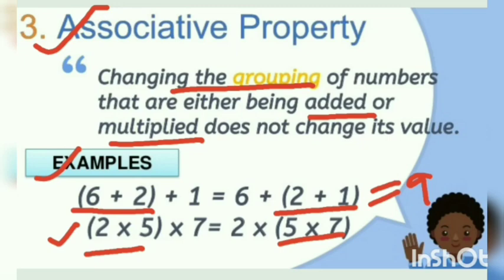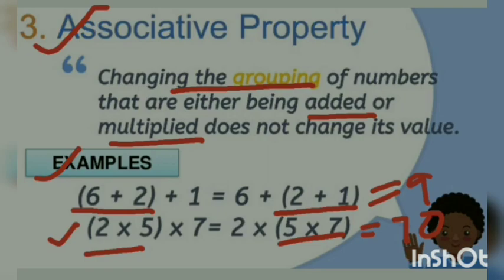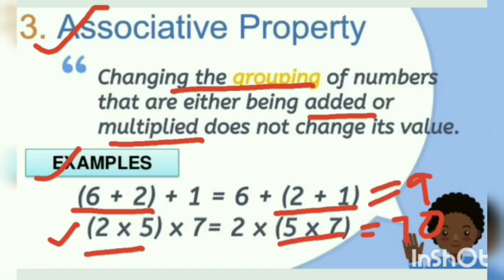Then 5 into 7 is 35. So 2 into 35 is again 70. So in both the conditions the result is the same. So we will say multiplication is also following the associative property. Multiplication and addition both follow the associative property.